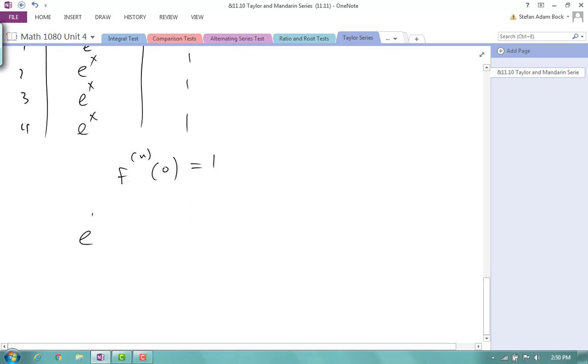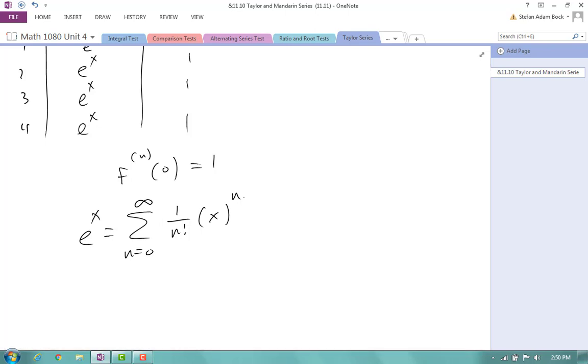Which means that e to the x is equal to the power series, n equals 0 to infinity, 1 over n factorial times x to the n. And I think we may have tested the radius of convergence for a series like this before, but this is actually going to have a radius of convergence which is infinite.